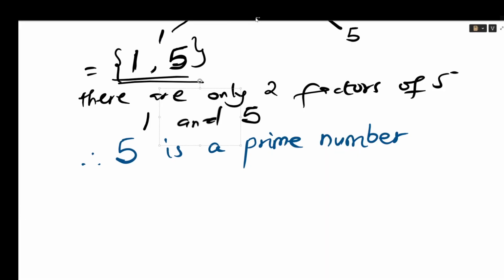So we can have the number 15 as an example. Is 15 a prime number?